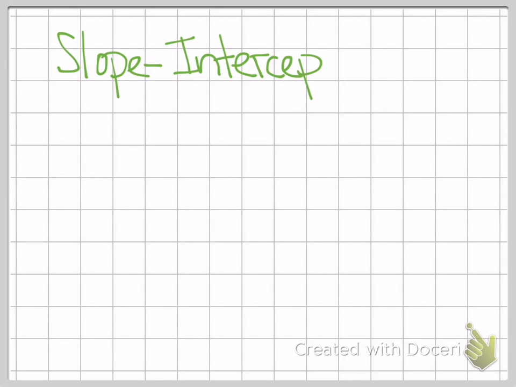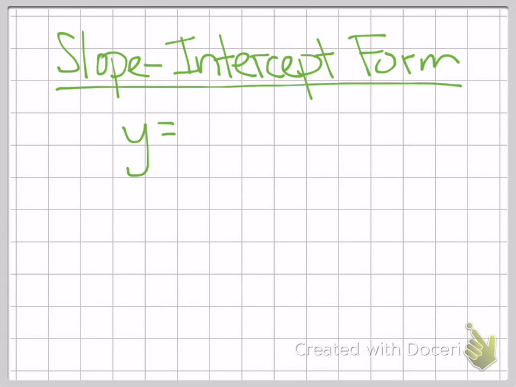Okay. Second thing, and hopefully this will be review for you, is this thing known as the slope-intercept form. Anybody remember what it is? Yes. Correct, Ms. Sievert. And in the slope-intercept form, what does M stand for?